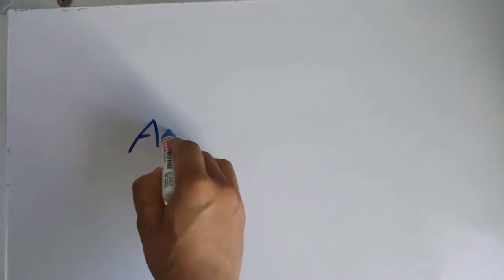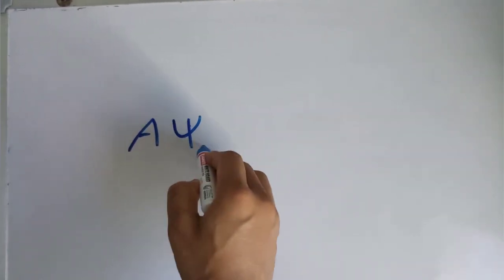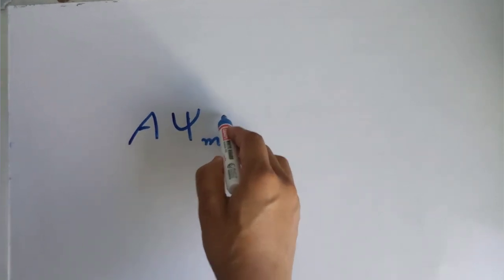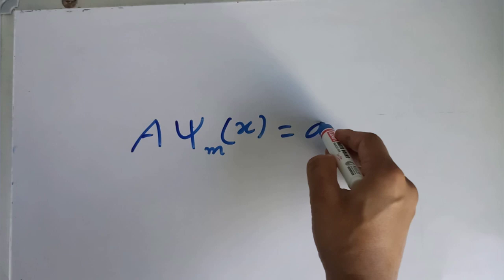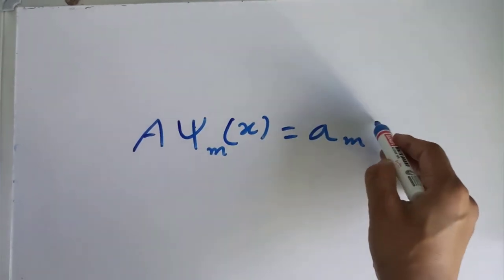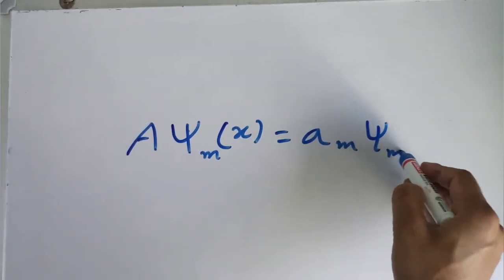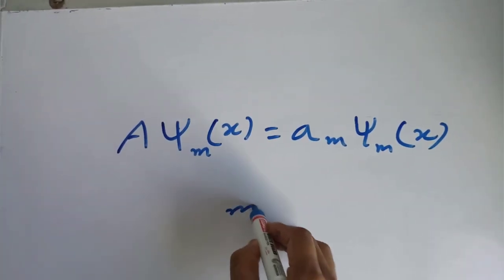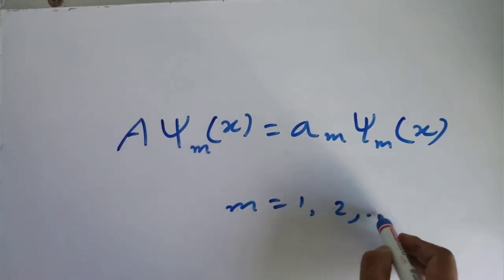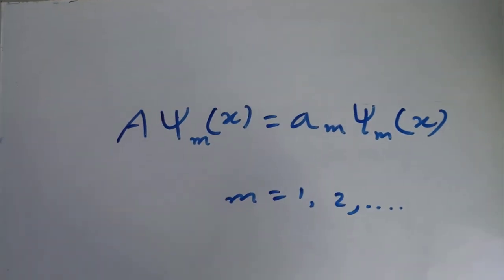Therefore, you can write it in general terms as A psi_m(x) equals a_m psi_m(x). Here the values of m range from 1 to 3 and so on.